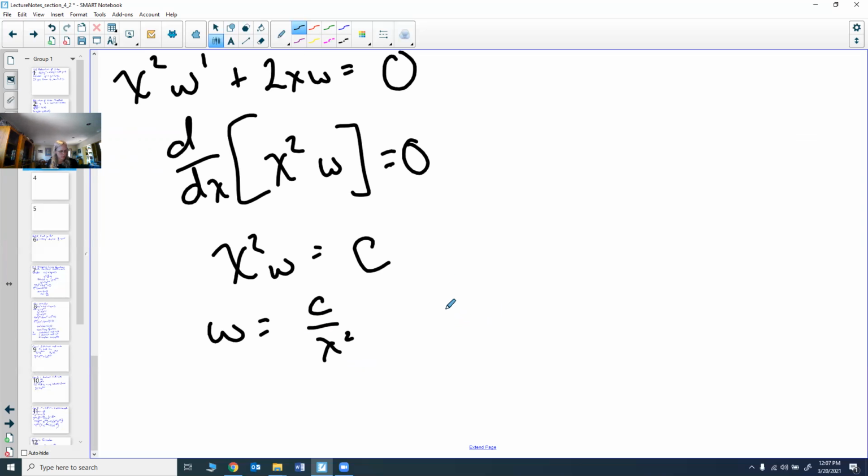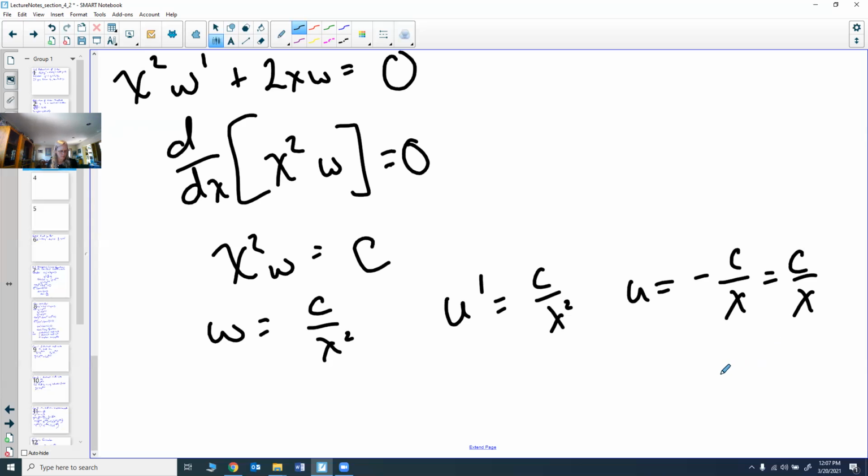Well, remember that was u prime. So u prime is your constant over x squared. So that means u is the integral of that. So the integral of that will be my constant minus my constant over x, which you can just take that constant into it. So just the constant over x.